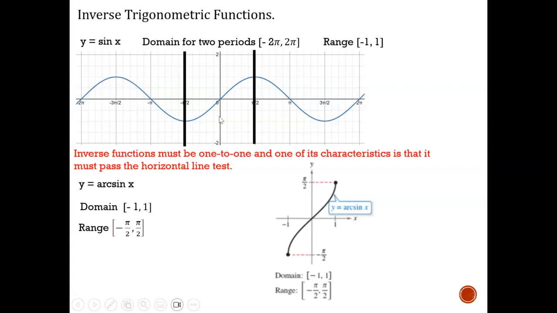If you notice, everything switches around. The domain and range of the sine function became the domain and range on the inverse. Since we adjusted the range here, the range for the inverse becomes from negative pi over 2 to pi over 2.